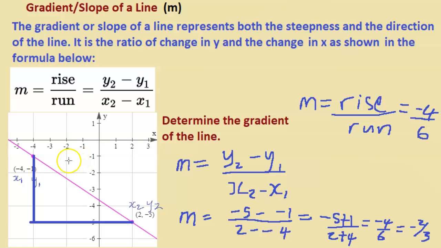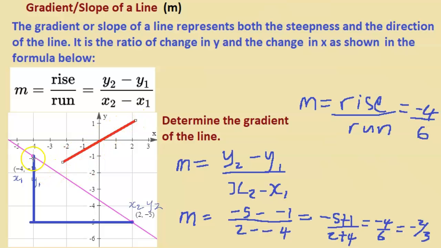So suppose a graph had a slope like that. We say that it has a positive rise, and these types of lines will have what we call a positive gradient, or a positive slope, because as you're moving from left to right, the line is rising. This line, as you're moving from left to right, is falling. So this graph will have what we call a negative rise, while this one on the other hand has a positive rise.